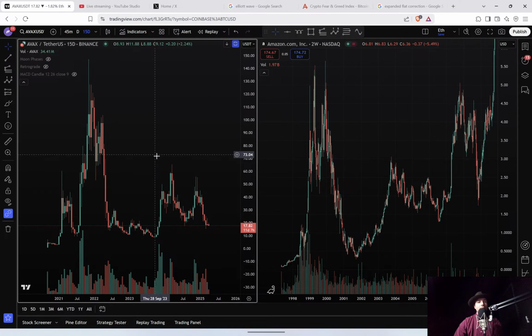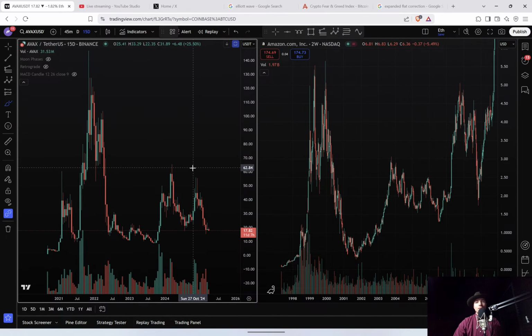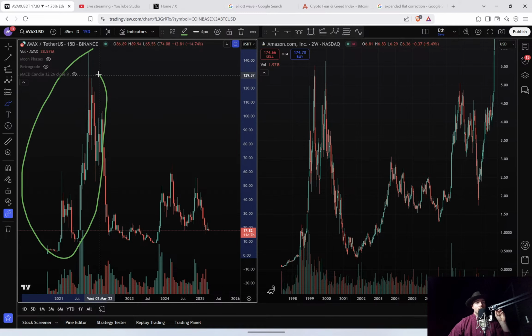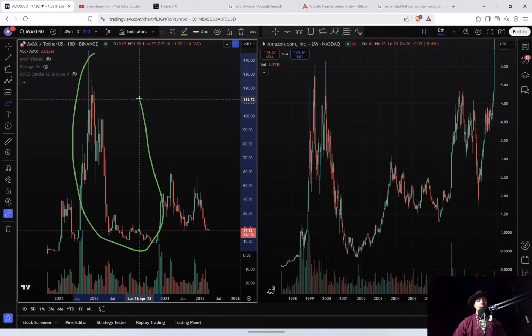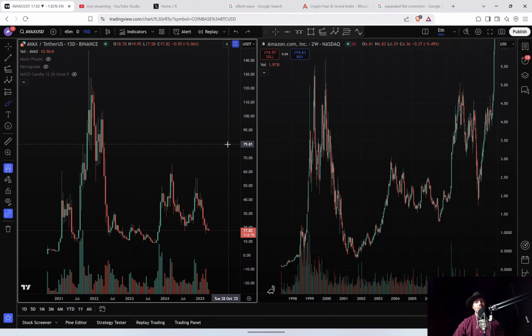And here we go. Here is AVAX on the left, and here is Amazon on the right. This was our crypto, quote-unquote, bubble in 2021, and here's our crypto bubble pop in 2022.